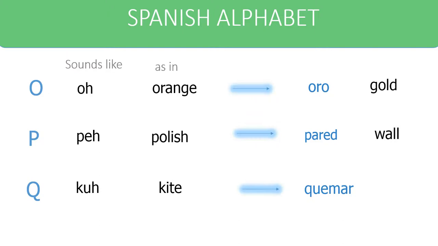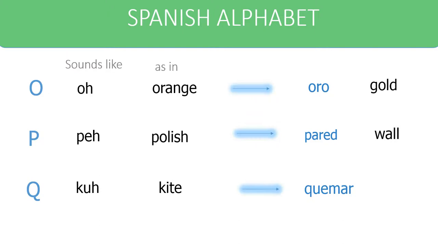Did you notice that I didn't pronounce the letter U in there? Well, the letter Q has an interesting feature. This letter always appears in a combination with the letter U, but the letter U is always silent. If I read the word as it is, I will read it quemar, but this is wrong, because the U next to the Q is always silent.